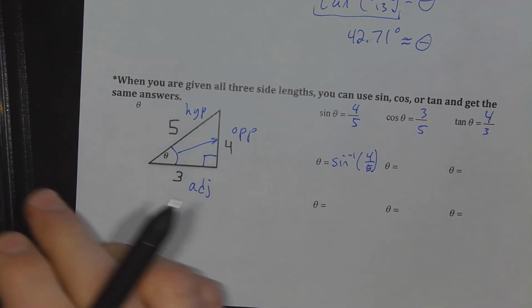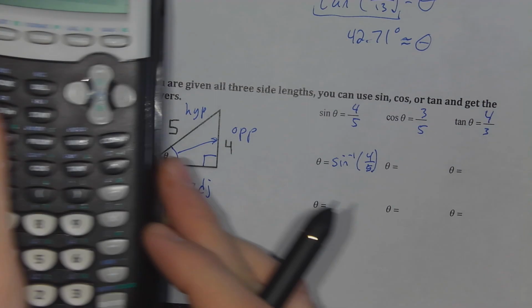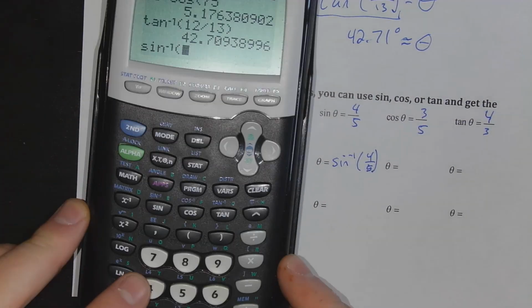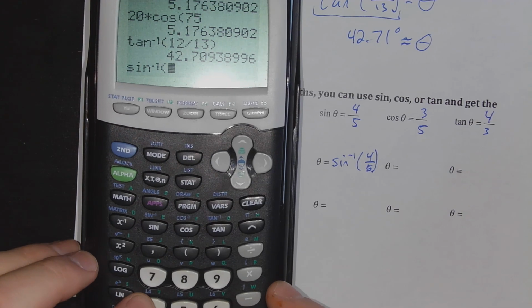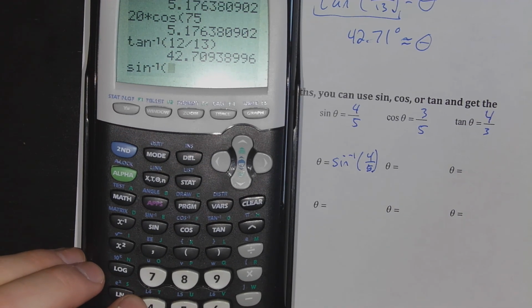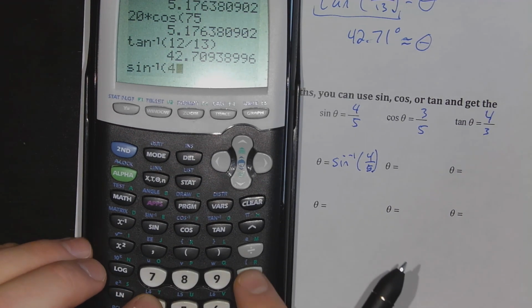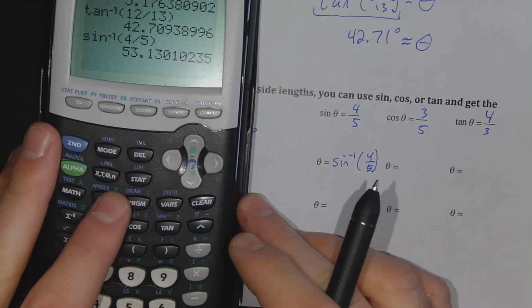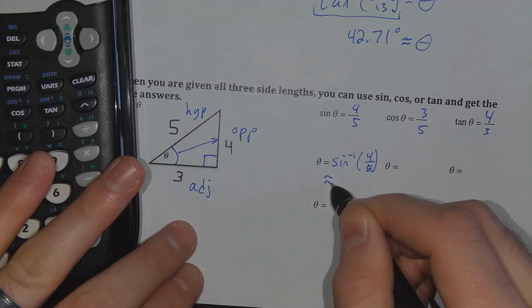So in our calculator, we're going to press second sine to get that sine with the -1 notifying you that's inverse sine. 4 divided by 5, enter. So 53.13 degrees is my theta.